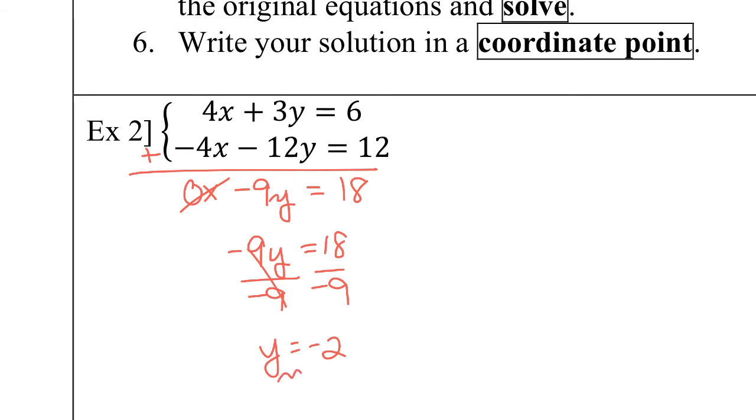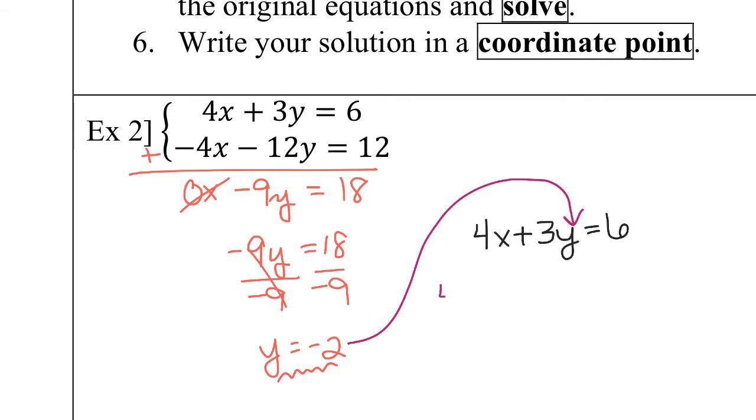Finding your x means I'm going to take -2 as a y and substitute it into one of the original equations. For me, that top equation looks simpler because there's smaller numbers and less negatives. So now we're going to take y equals -2 and plug it in where y is. So 4x plus 3 times -2 equals 6.